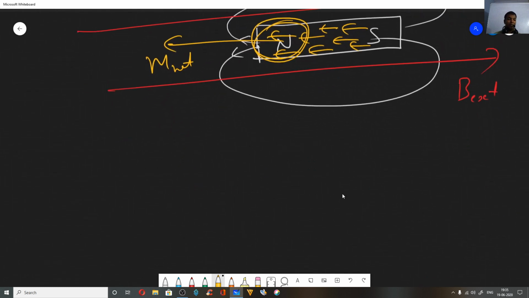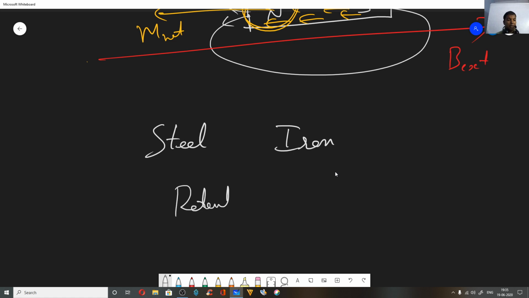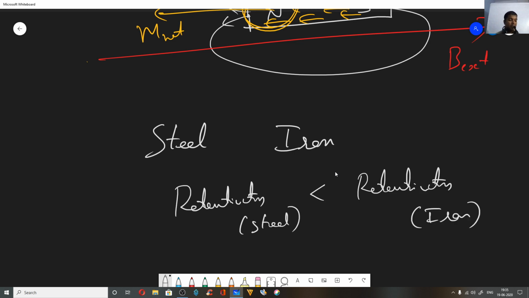Fine. Now for example, steel. If you compare steel and iron, you can say steel and iron are good examples of ferromagnetic materials. Now here, the retentivity of steel is less than the retentivity of iron.